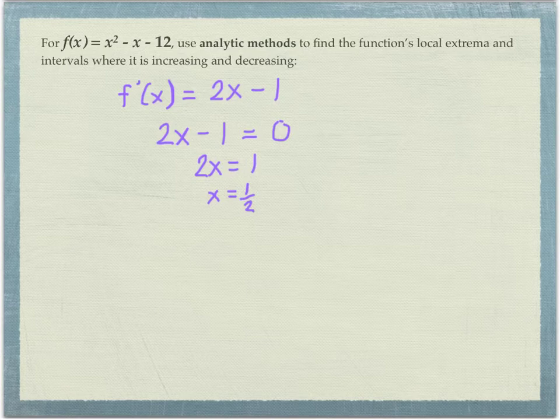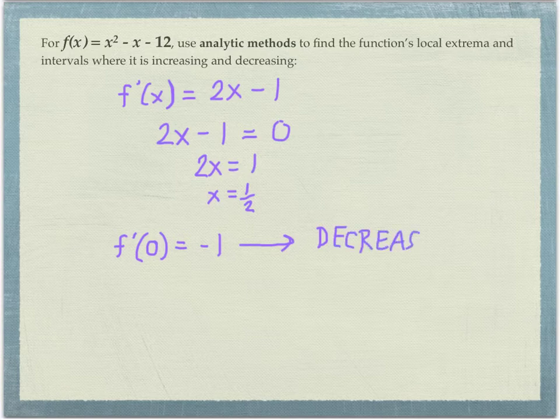Alright, so let's think about that a little bit. Let's think about the derivative again. Let's pick a point that is less than 1/2, like 0. If I put 0 in for the derivative, 2 times 0 is 0, 0 minus 1 is negative 1. So if my derivative is negative, if you think back to the last slide, that chart, anytime the derivative is less than 0, that means the original function is decreasing.